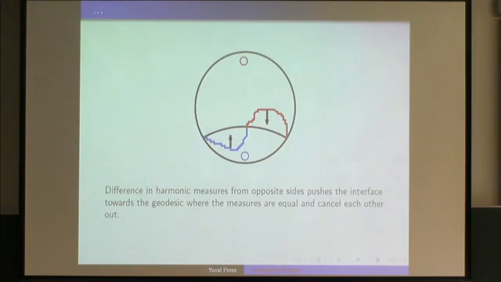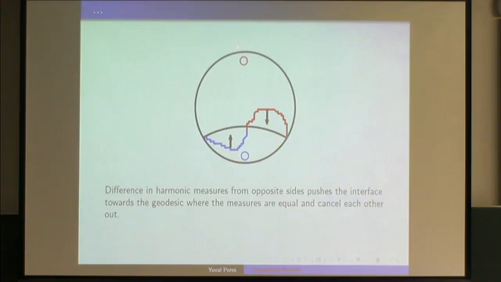So here is some interface which, suppose it momentarily deviates from this geodesic, then you can see that this red interval, its red harmonic measure is going to be higher than the harmonic measure of this arc, because a random walk particle, in order to hit this circular arc, must go through this red curve, but not the other way.